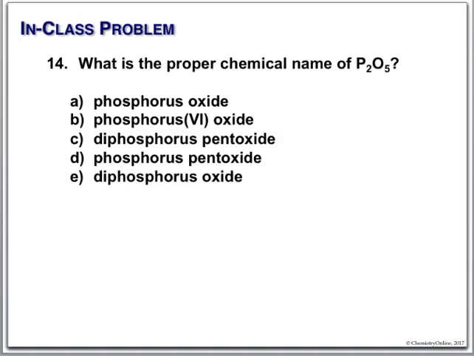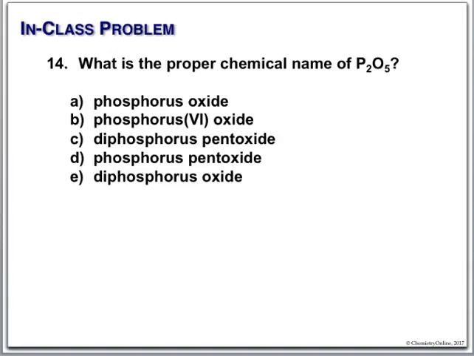So these guys in the corner here. This has phosphorus and oxygen. Phosphorus is there, right? And oxygen is there. Those are both nonmetals. This compound will be a molecular compound.